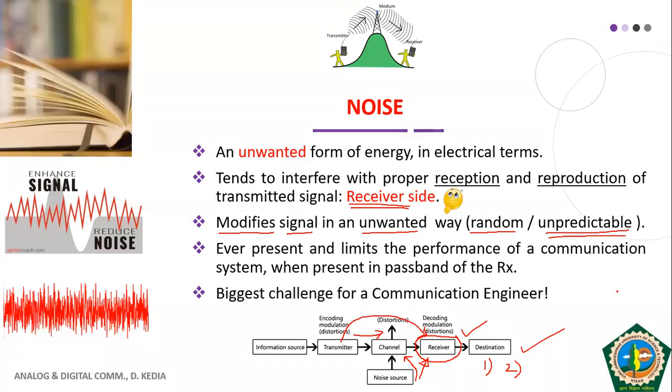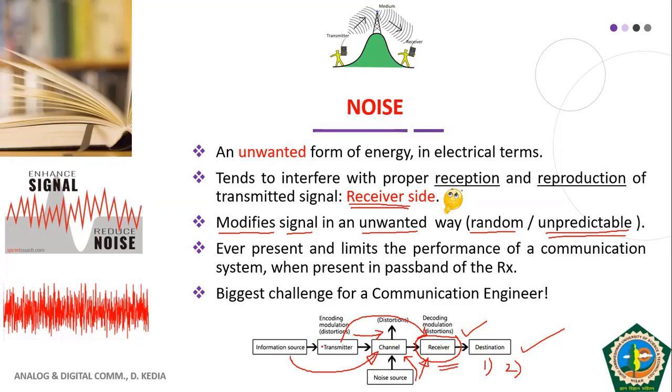Noise is a random signal which superimposes our original signal. When some random, unpredictable signal mixes with our original information signal, which is transmitted into the channel, then our signal becomes very complex. Due to this, the job of the receiver becomes further complex.